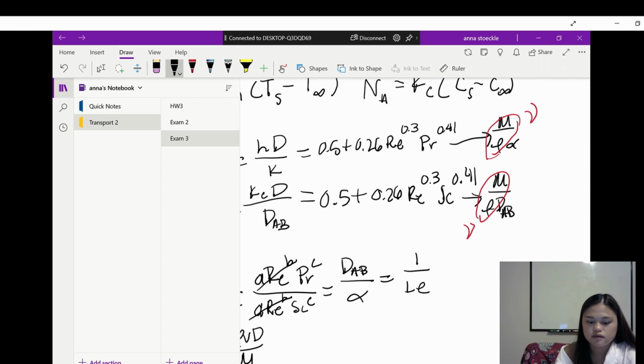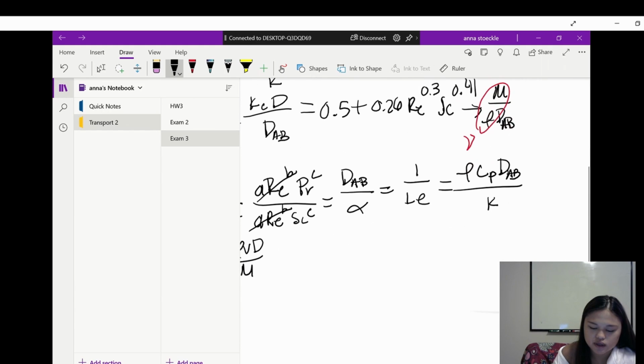So if we just did the inverse and did that alpha, that thermal diffusivity over the mass diffusivity, that would just give us the Lewis number. But it's also okay this way. So as a result, we would get the equation of density, heat capacity, the mass diffusivity over thermal conductivity.